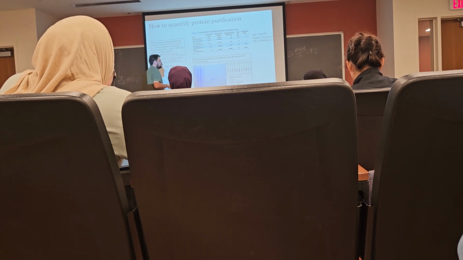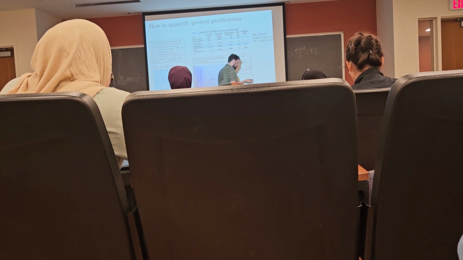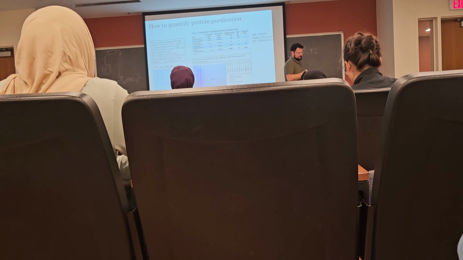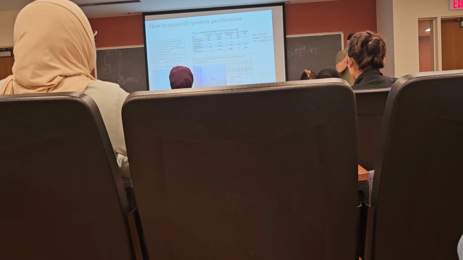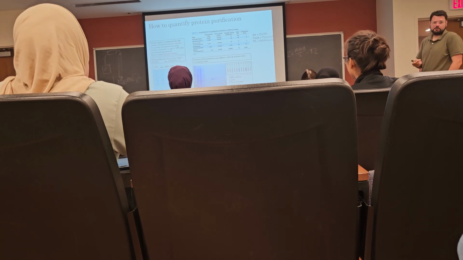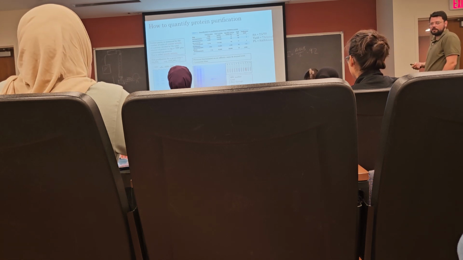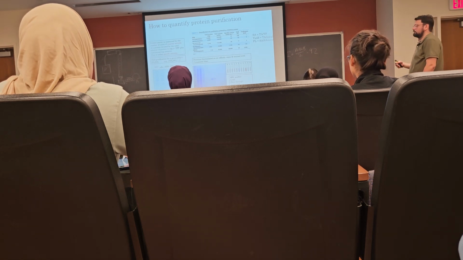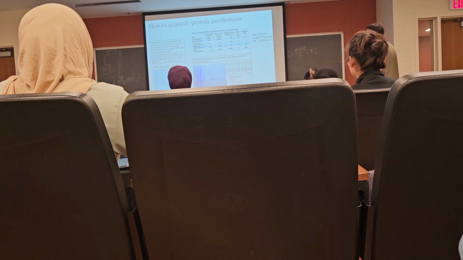Total activity is given in units, right? This is kind of funny, right? So it just says units. That's because the units depend on the assay that we're using to measure how much of our protein we have, right? So different proteins will have different units to determine activity.